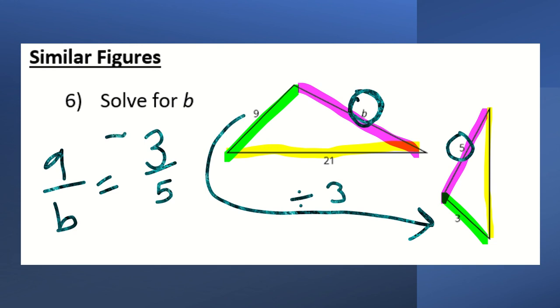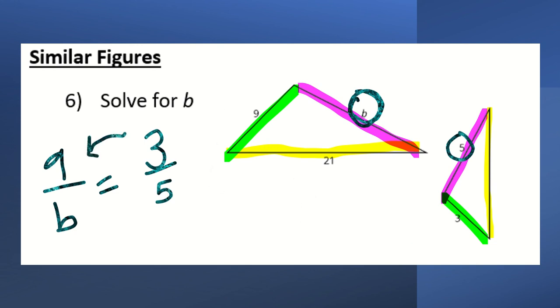You do see a pattern, well, it depends on which direction you go, times 3 going that way, so we can do times 3. 5 times 3 is 15, so B is 15. That's your answer.